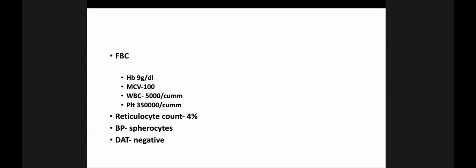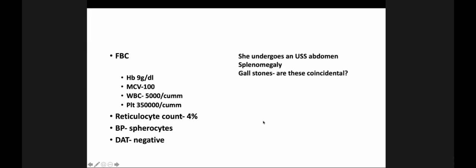You differentiate the two by doing a Coombs test. So this patient's Coombs test is negative, right? And let's say we do an osmotic fragility test as well, and we come to a diagnosis of hereditary spherocytosis, right? So it looks like it's a hemolytic anemia.